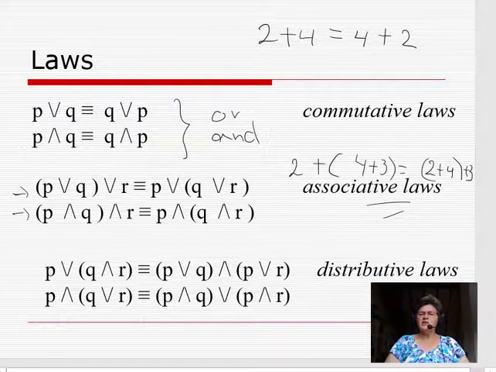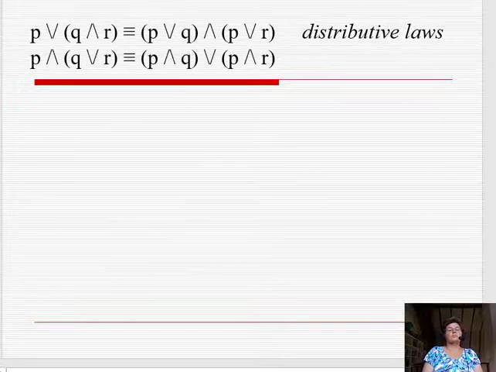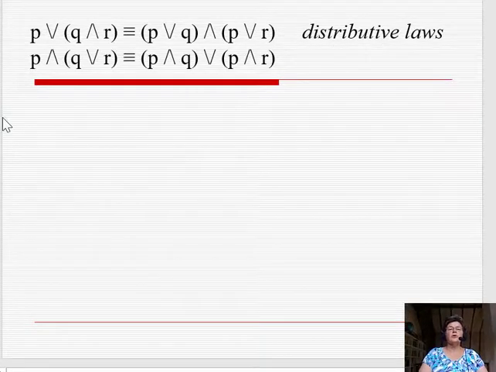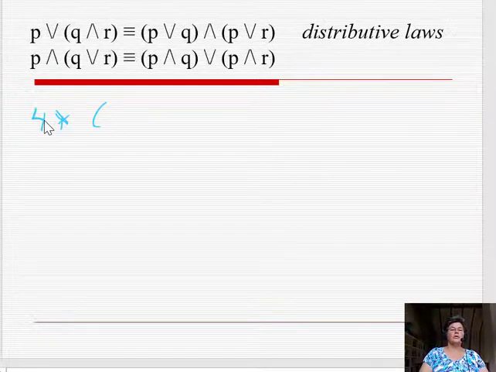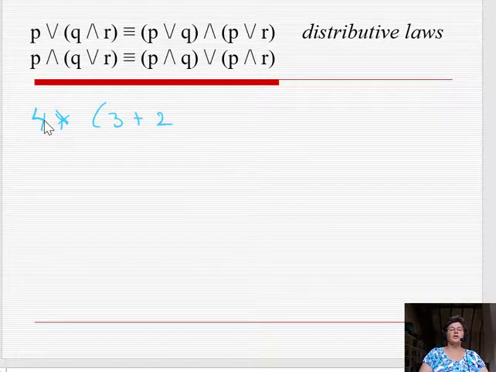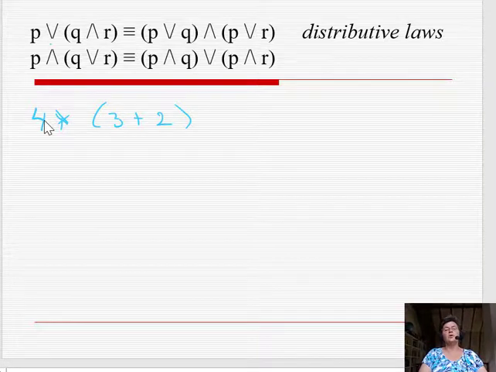The only difficult one is the distribution law. Let me make some space. You can compare the distribution law with your high school math, like 4 times (3 plus 2). The difference from the associative law is that we now have two different symbols. So we have an or and an and, or an and and an or.